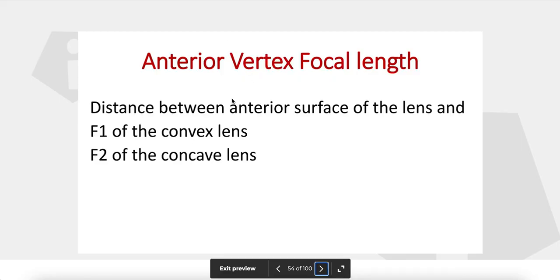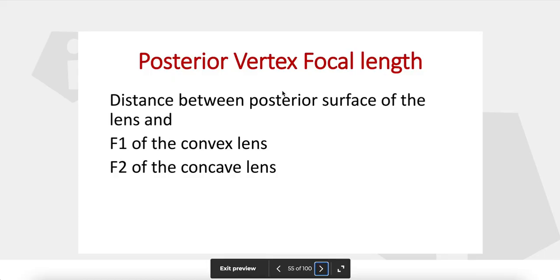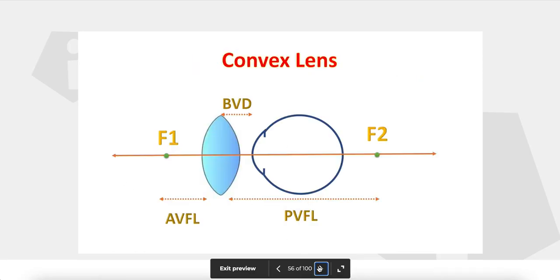Anterior vertex focal length is the distance between the anterior surface of the lens and F1 for the convex lens and F2 for the concave lens, while the posterior vertex focal length is the distance between the posterior surface of the lens and F2 for the convex lens and F1 for the concave lens.